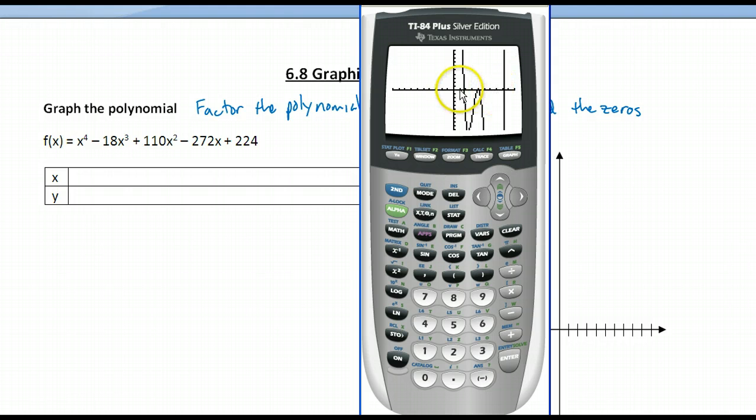It looks like we have a 0 at 2, and at 4, and at 8.